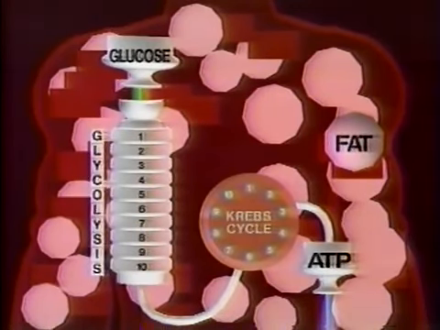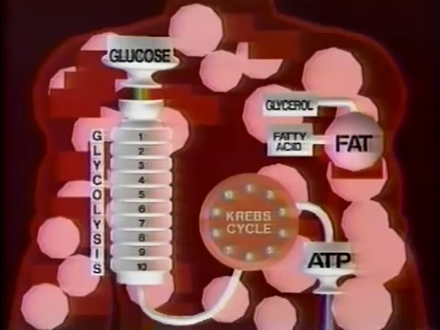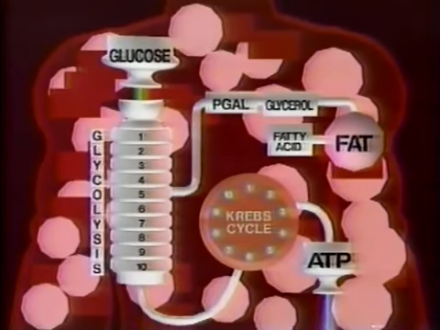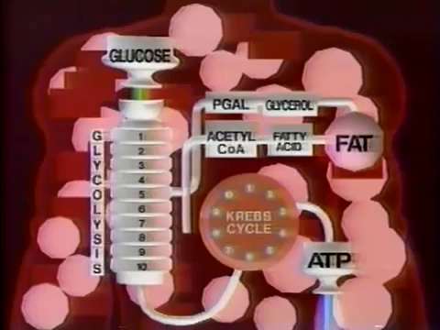Dieting is a way of metabolizing unwanted fat to glycerol and fatty acids. The glycerol becomes PGAL and enters the glycolytic pathway. As for the fatty acids, they're converted into acetyl-CoA, which then streams into the Krebs cycle.